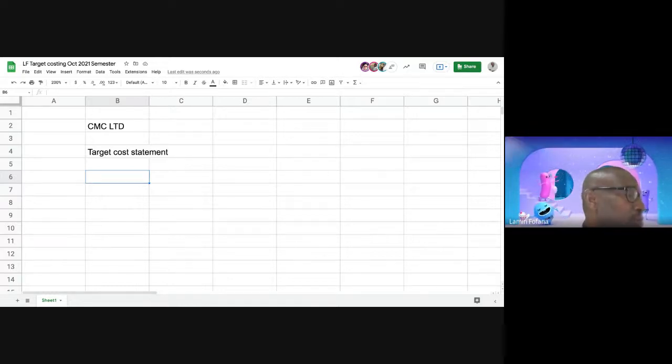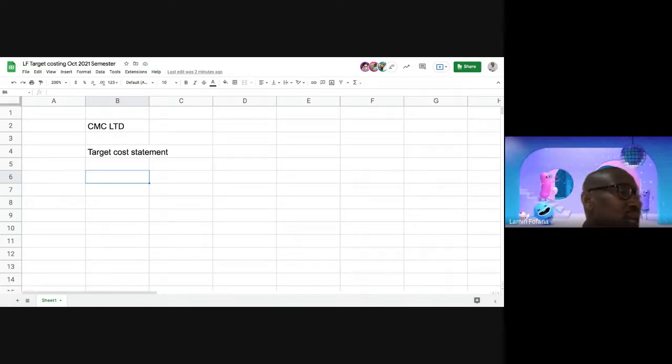So we go further. It says CMC Limited requires a 10% profit margin. According to the company policy of CMC, they charge 10% on the selling price. That's the profit margin, and that works out to be their profit. Now what are you required to calculate?